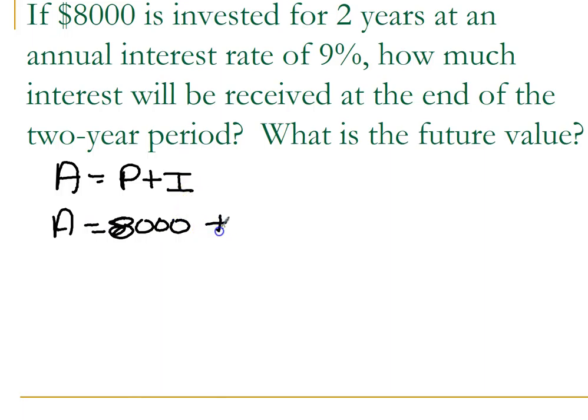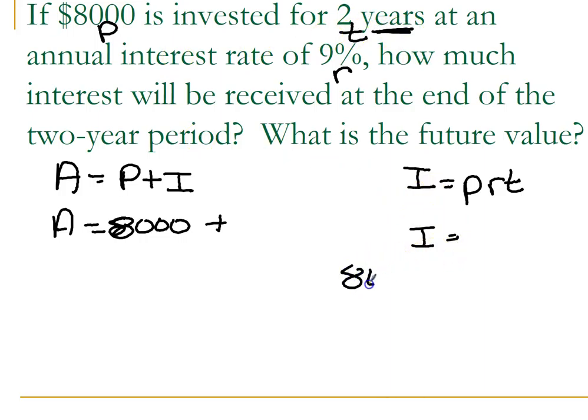But we have to find the interest. So we're going to come over here and find interest. I equals PRT. I equals principal times rate times time. And in our problem, this is P, this is R, and this is time. And it has to be in years.